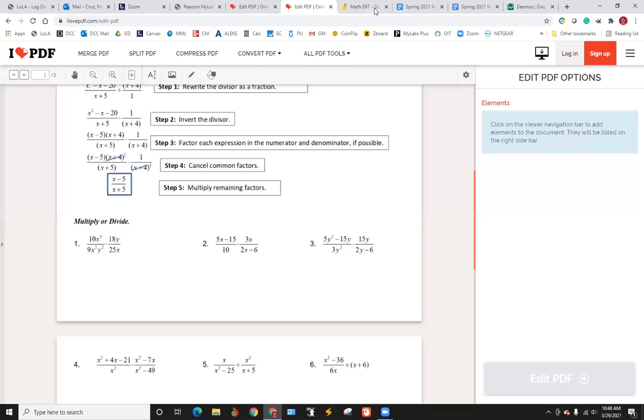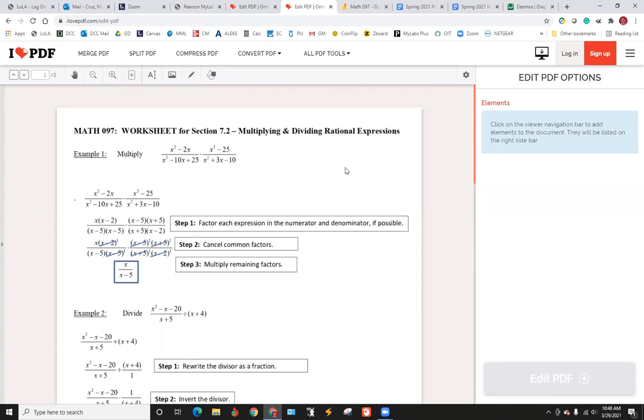All right. Now, 7.2 is called multiplication, but they put together multiplication and division because division is multiplication by the reciprocal.